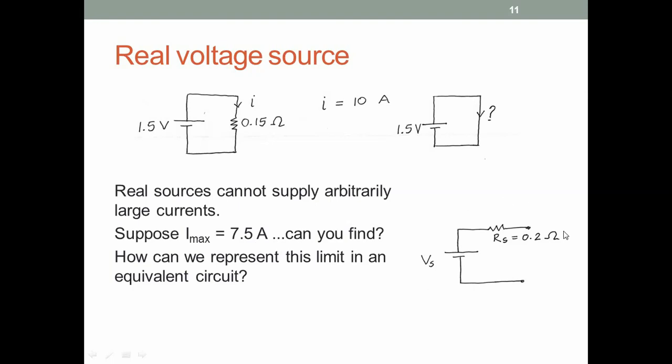So a real voltage source is represented by an ideal voltage source in series with a resistance. Incidentally, I have written here, can you find? If you think of a 1.5 volt battery that you can go to a stationery shop and buy, I have not been able to find how much current this 1.5 volt battery can supply.